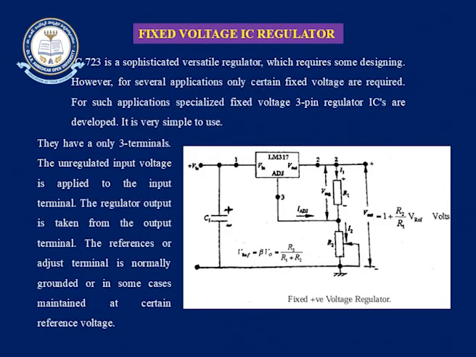So, here the ICs which are developed are also very simple to use, and they have only 3 terminals for a fixed voltage IC regulator. When the unregulated input voltage is applied to the input terminal, then the regulated output is taken from the output terminal, and the adjustment terminal is normally grounded in some cases and is maintained at a certain reference voltage also.